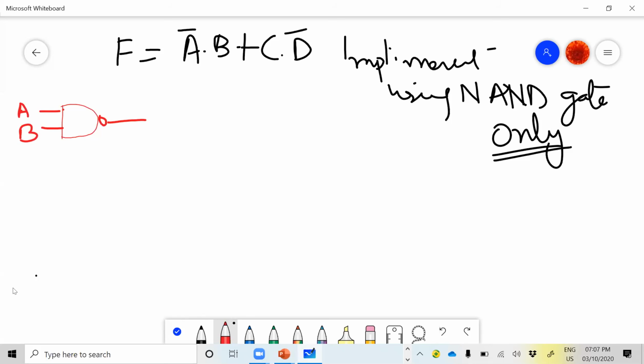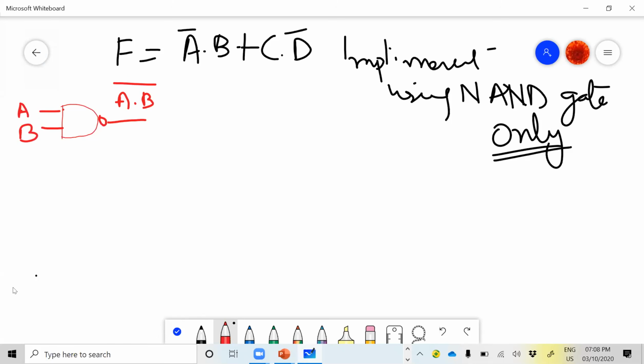What is the output of this gate? It is A dot B, all complemented. A dot B and whole bar, correct? Yes. All right.